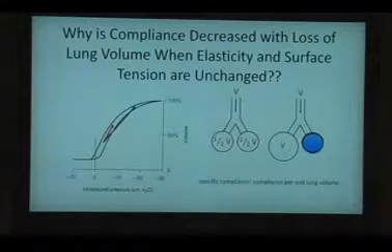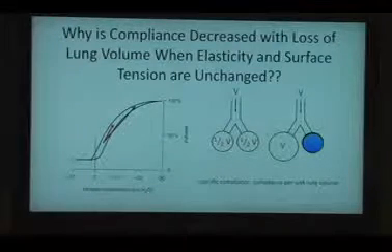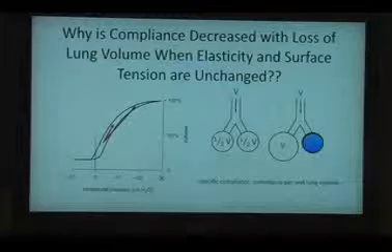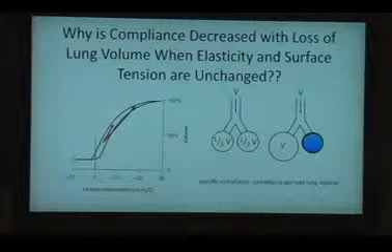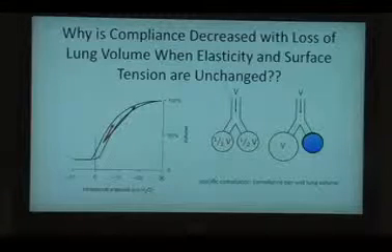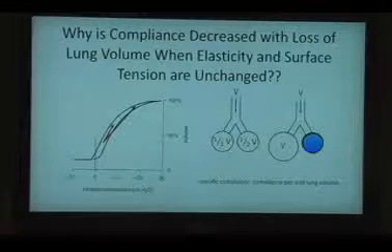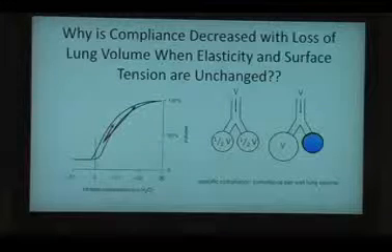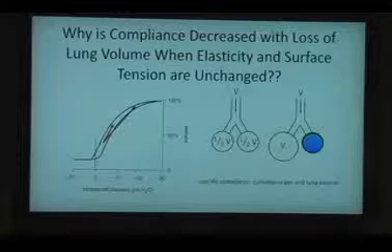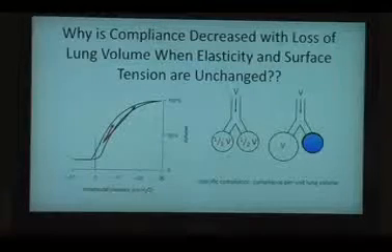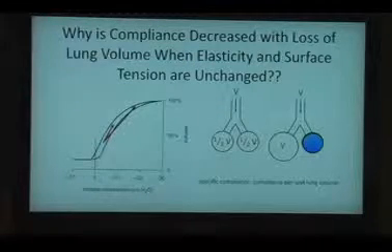But now let's imagine that this individual develops a pneumonia with consolidation. So the part of the lung that is consolidated is not participating in ventilation, but the rest of the lung has normal elasticity, has normal surface tension. The rest of the lung parenchyma is perfectly normal. It's just that maybe there's one lobe that's consolidated.